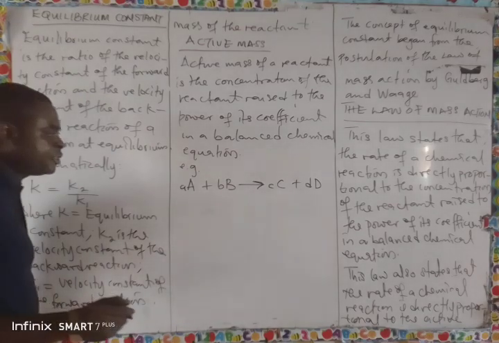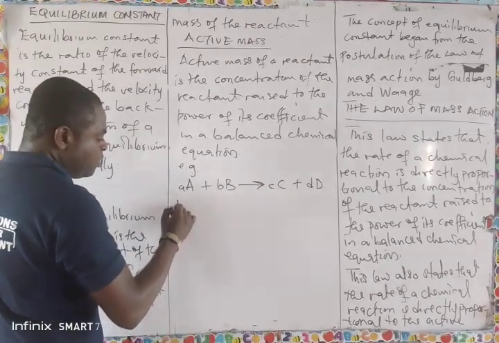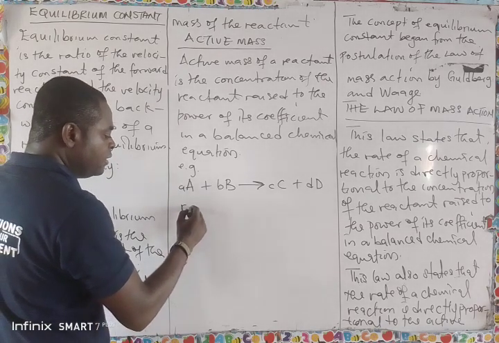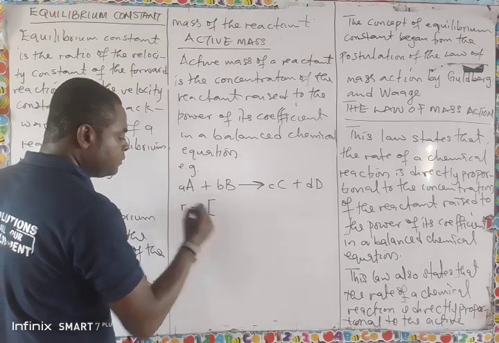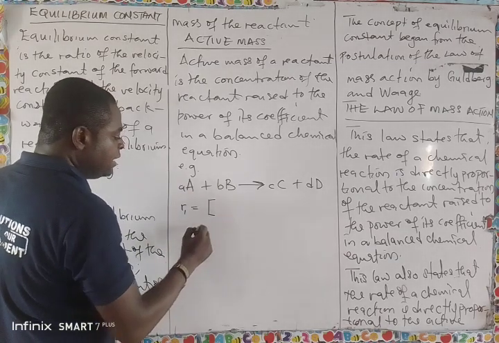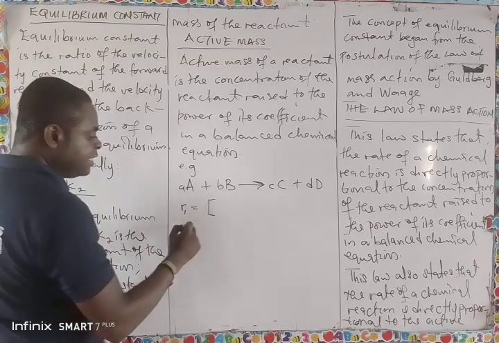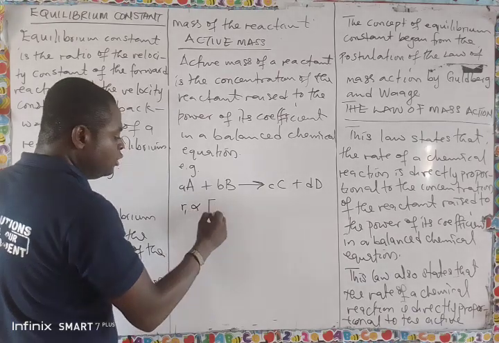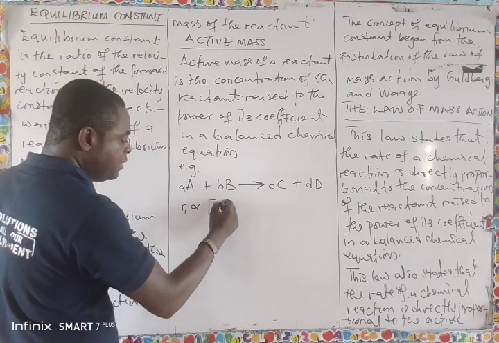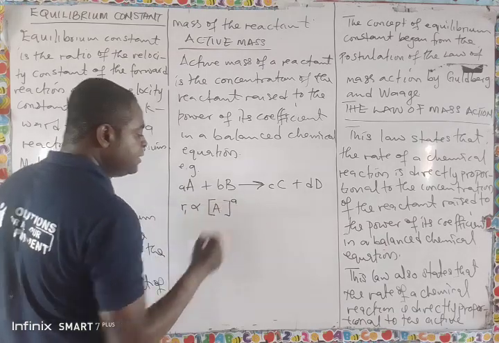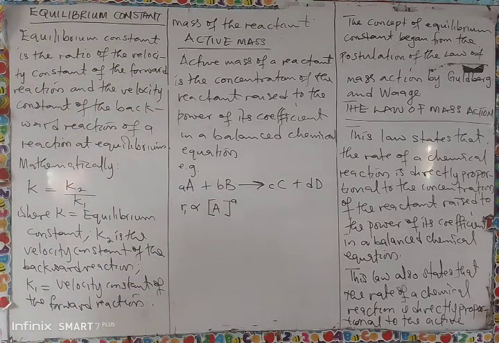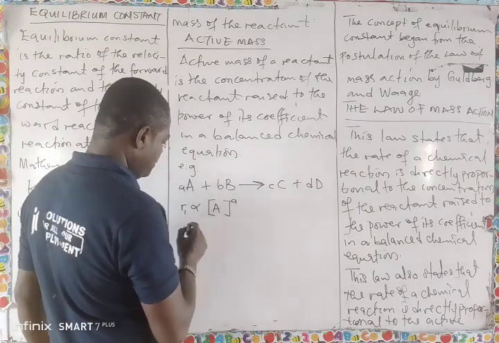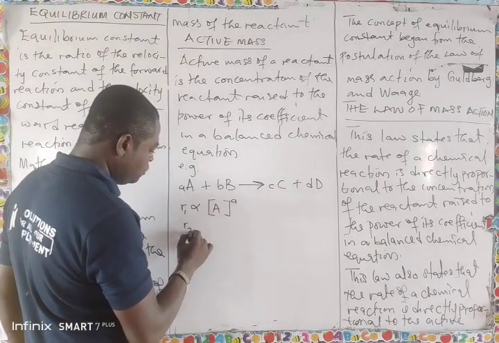According to the law of mass action, the rate of the forward reaction, R1, is proportional to the concentration of A raised to the power of what they use to balance it. And here also we can say R2.